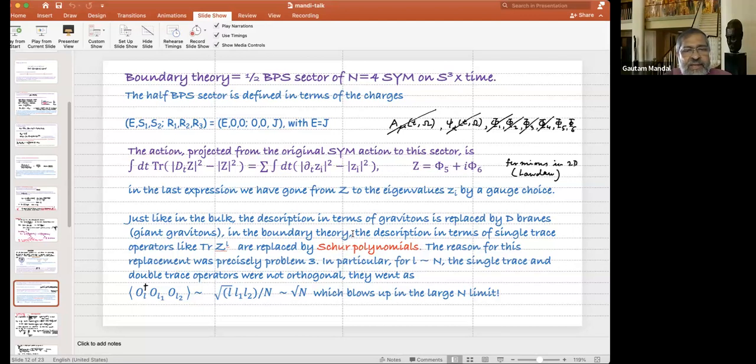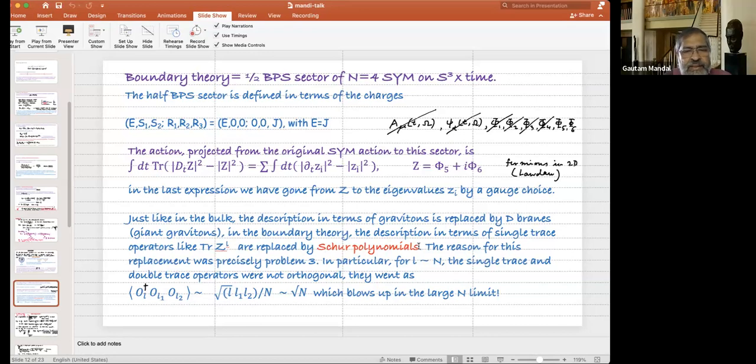So are single trace operators, which are supposed to describe gravitons, still the correct description for giant gravitons? Okay, so let me not go into the entire history, but let me say that the resolution was found in a paper by Vijay Balasubramanian and company, that the single trace operators should be replaced by Schur polynomials.